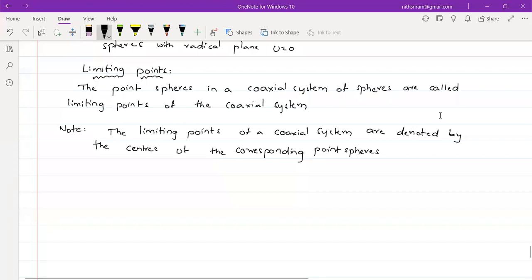The limiting points of a coaxial system are denoted by the centers of the corresponding point spheres. So the centers of the corresponding point spheres are called the limiting points.